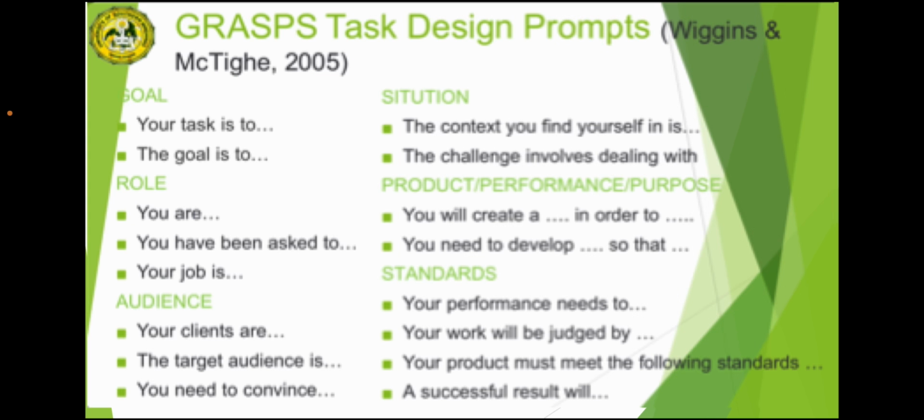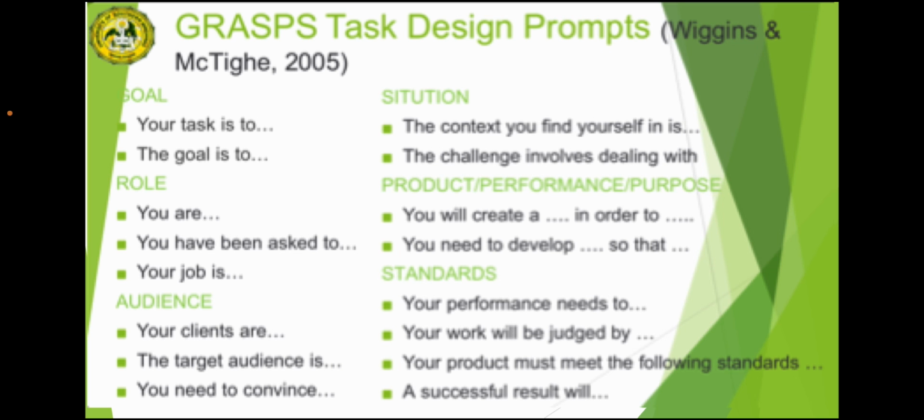Then after that, we are going to identify the GRASPS task prompts. So this is the GRASPS task design prompts. The goal is to, while the role: you have been asked to, your job. Audience: your clients are, the target audience is, you need to convince.